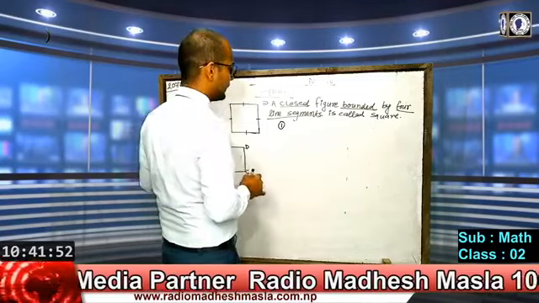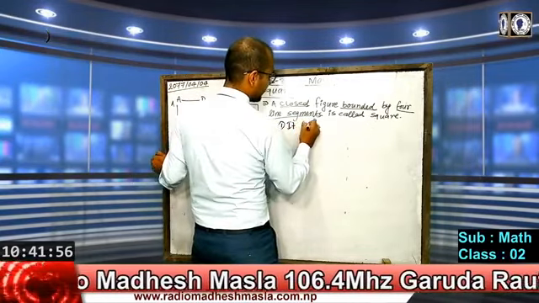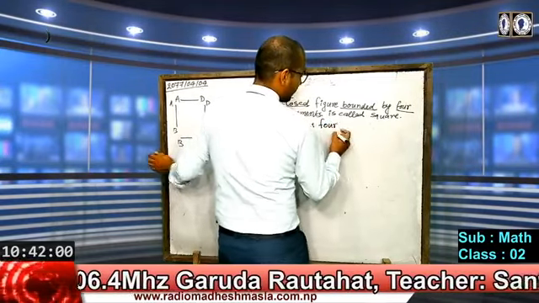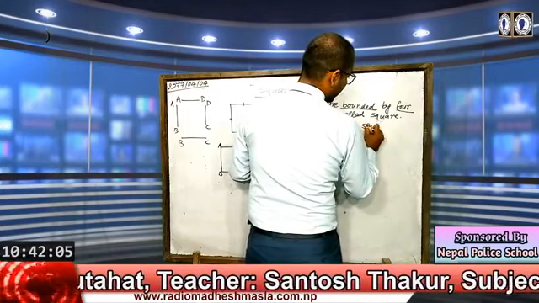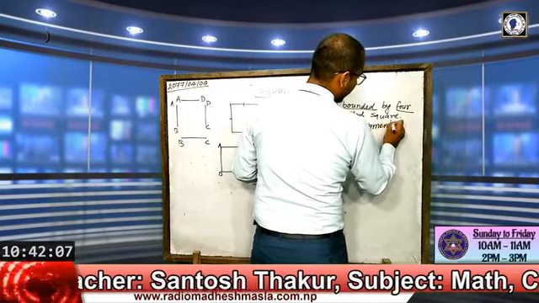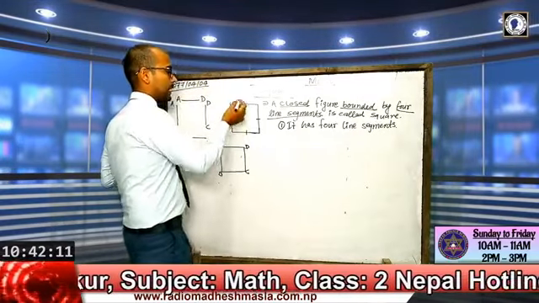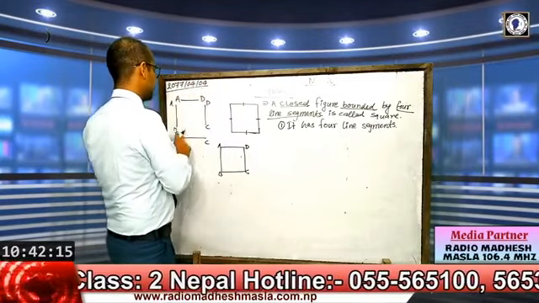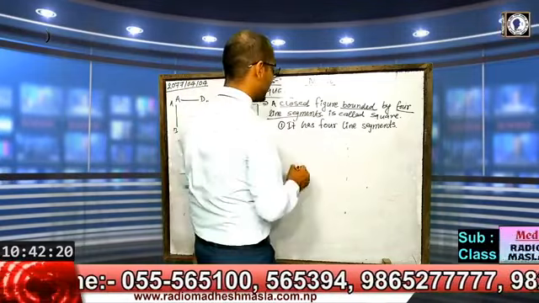In the first property we can write: it has 4 line segments. We can find it easily: AB, BC, CD, and DA. In this way we can find it has 4 line segments.